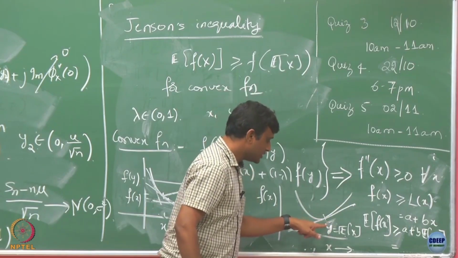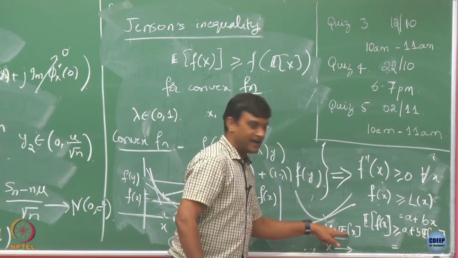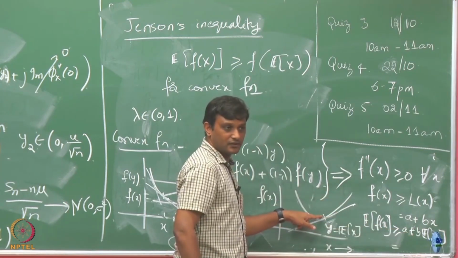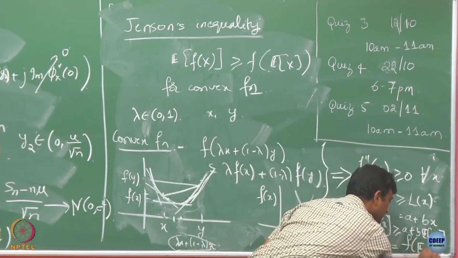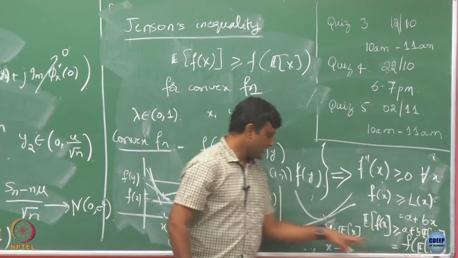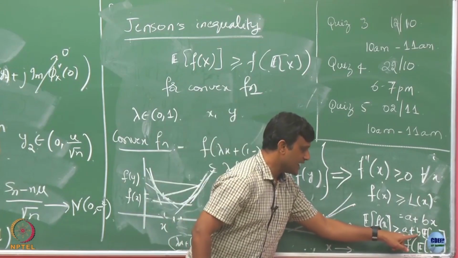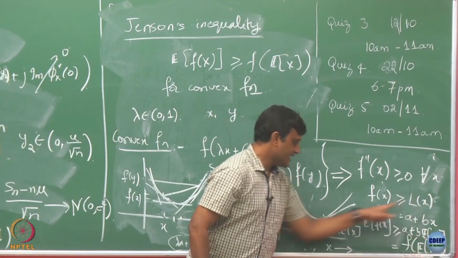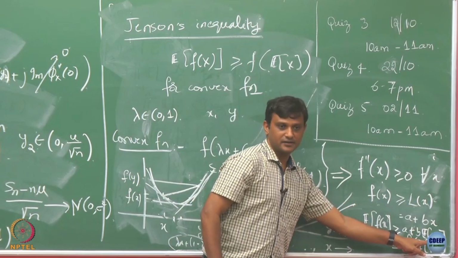Now if I compute this function at the point y, which is expectation of x, at that point this value is going to be the same as my function f of x. So this is my f of x, right. I am applying this property because this line at the point, so what does this mean? A plus b times expectation of x means this linear function computed at the point expectation of x.